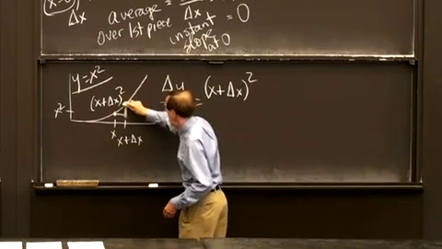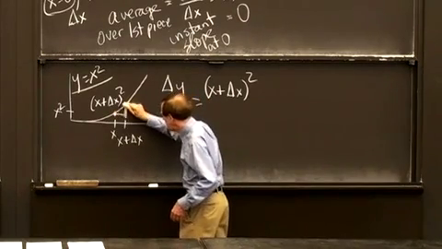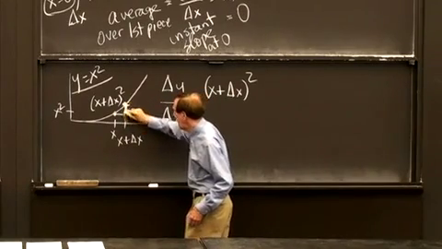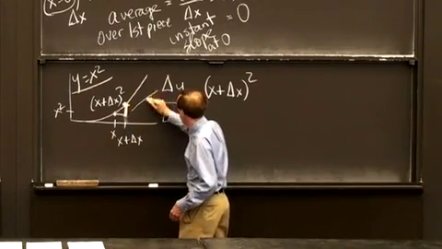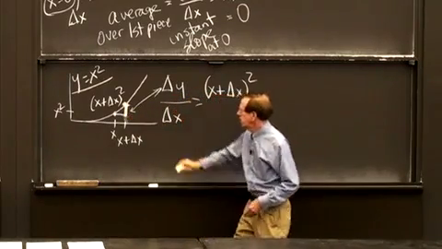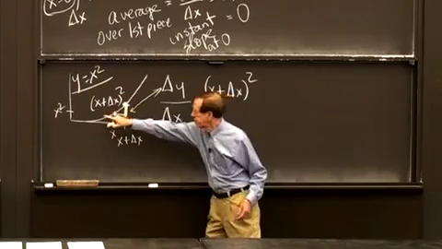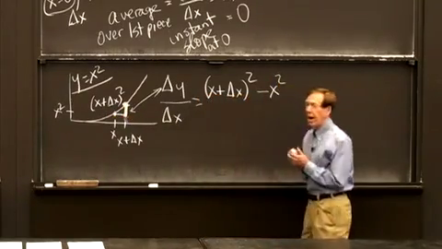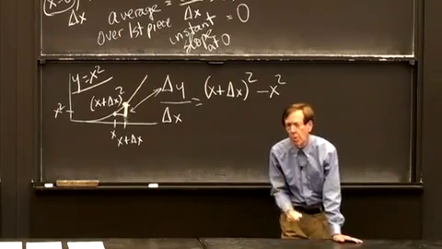That's this height minus this height. I'm not counting this bit, of course. That's the delta y, this piece. So it's up to this, subtract x squared. That's delta y. That's important.